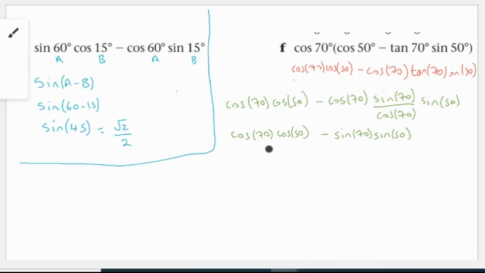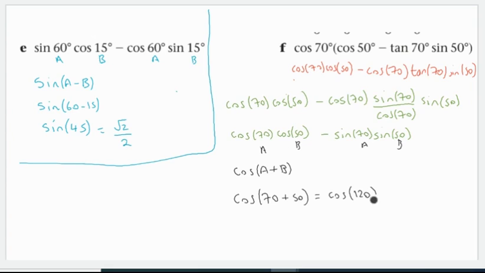And again, if we apply what we were doing before, this is A, this is B, this is A, this is B. We've got cos A cos B minus sine A sine B. So this is the expansion of cos of A plus B. And in particular, that is cos of 70, because A was 70, plus B, which is 50, which is going to be cos of 120.